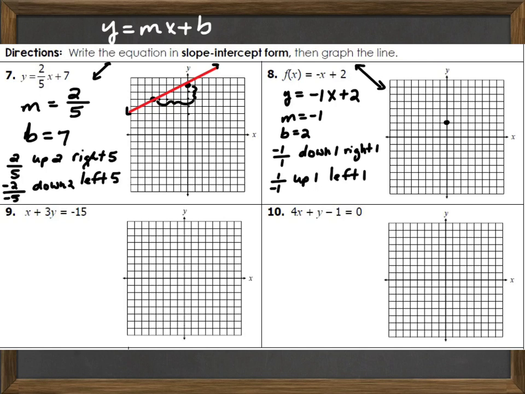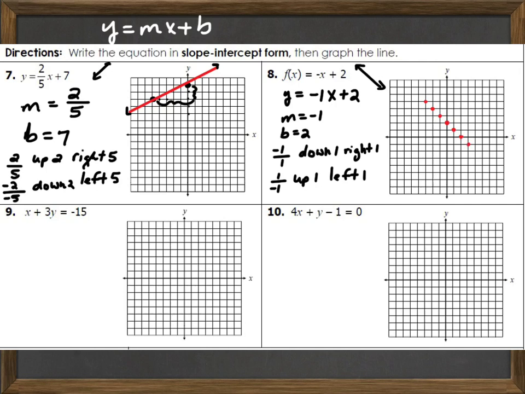And like I said, you can go up 1, and I'm going to plot the points in a different color, I'll go ahead and use red. And go up 1 and over 1, up 1 and over 1, up 1 and right 1. Oops, no, I'm doing that wrong. Okay, I've got to go up 1 and left 1 if I want to go negative slope, or I've got to go down 1 and right 1.